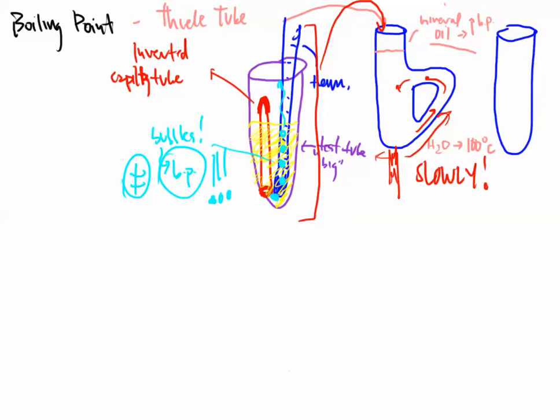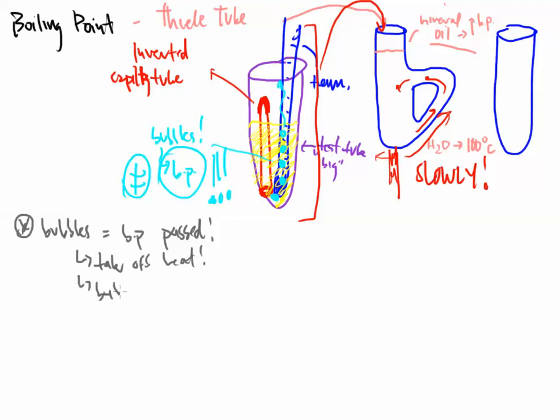So when I see bubbles, I'm going to write this down to the bottom. Bubbles means that my boiling point has been passed, and I need to take off the heat. And when I take off the heat, I'm going to wait until the bubbles stop.